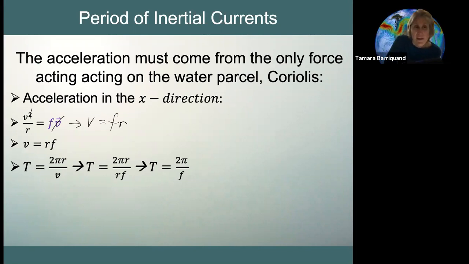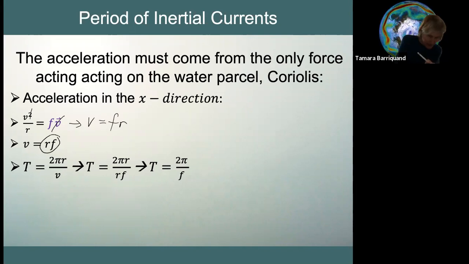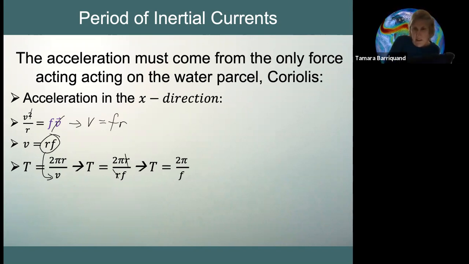So the period we know is equal to the circumference over the velocity. The circumference is 2 pi r, over v. We can then plug in r times f for v. And so now our period is 2 pi r over r times f. The r's cancel, and we see that the period is 2 pi over f.